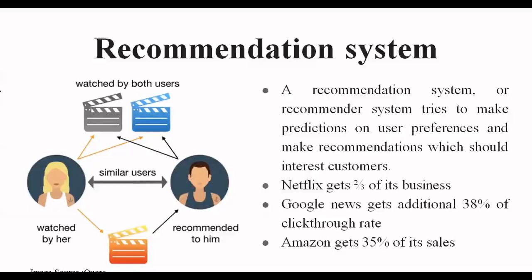So let's take an example of Netflix. Here we have two users, one female user and one male user, and if they watch the same movie, and when the female sees a new movie, it will definitely recommend that movie to the male person, as they are similar users.